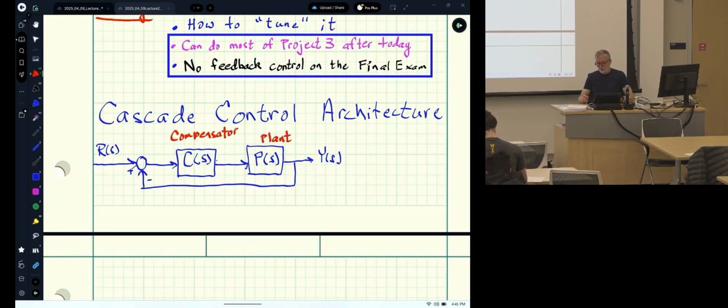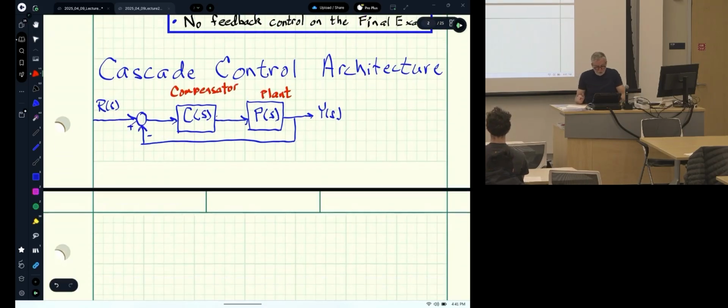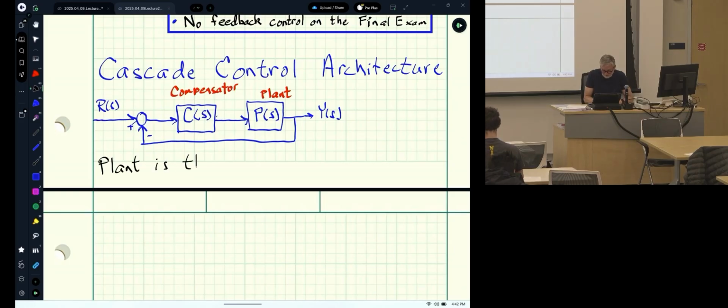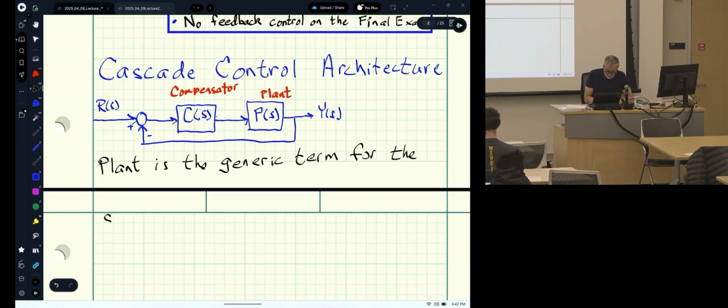Yes, plant, just like the green thing in the house that you water, okay? But it's also the generic term for a manufacturing facility. It's called a plant. So here, plant is used as the generic term for the system that is to be controlled.